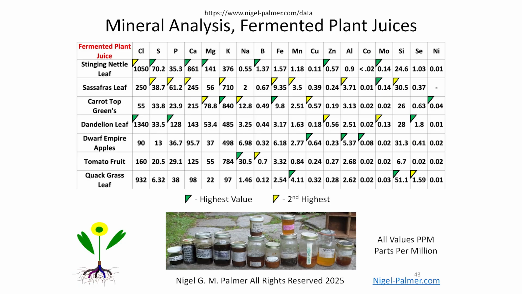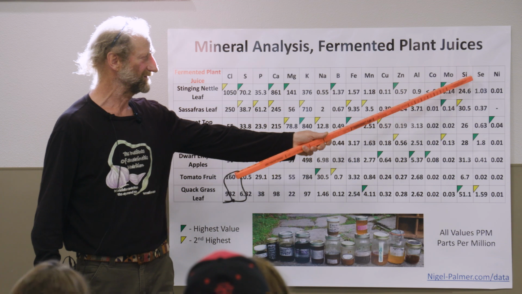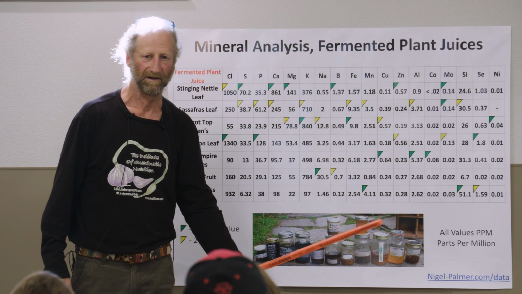When I started making fermented plant juices, and I did the analysis of what was in them, on the top of this are the minerals that we just talked about. Chlorine, sulfur, phosphorus, calcium, magnesium, potassium, sodium, boron, iron, manganese, copper, zinc, aluminum, cobalt, molybdenum, silicon, selenium, and nickel.